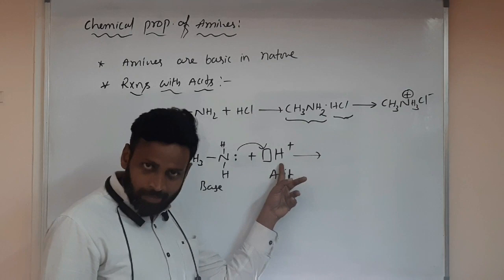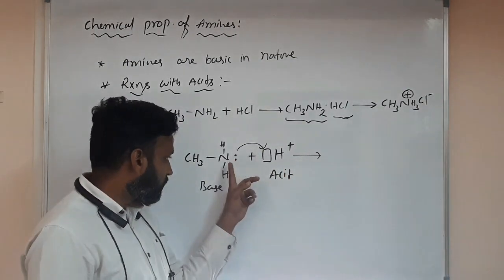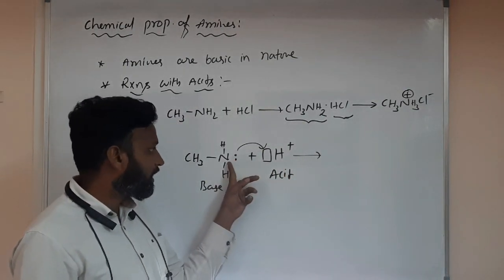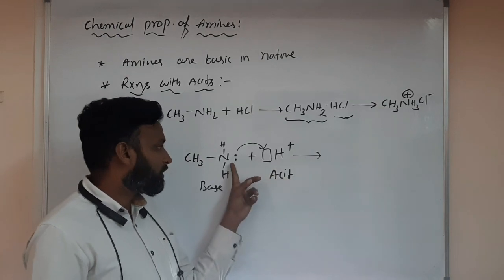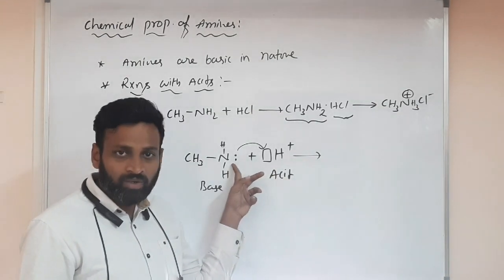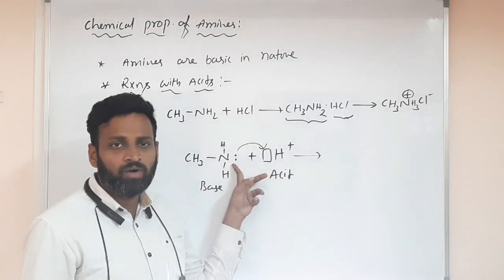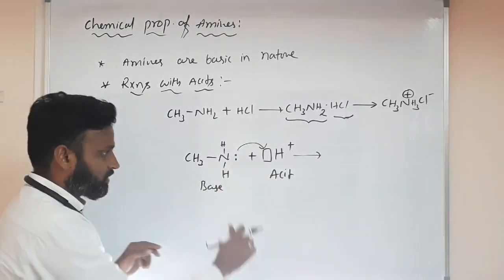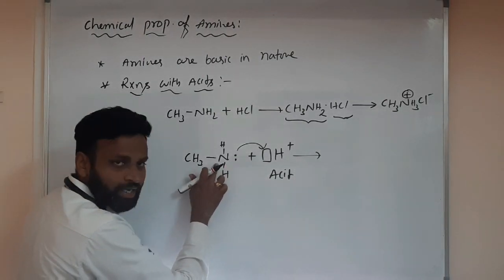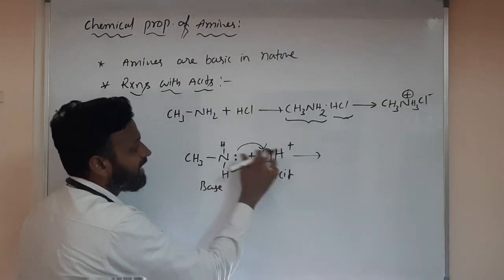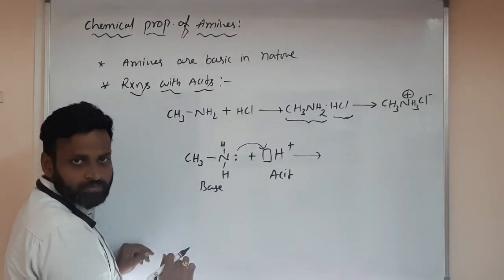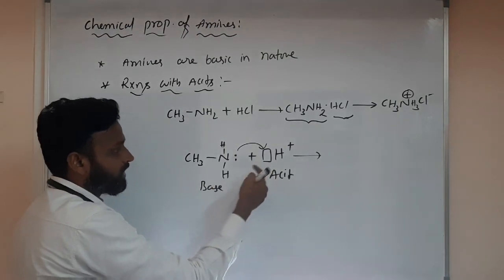Are you thinking complete transfer of the lone pair happens here? No. This lone pair is utilized by both nitrogen and H plus. But this lone pair belongs to whom? Nitrogen. That is called a dative bond or coordinate covalent bond, because the complete lone pair belongs to nitrogen but is shared with hydrogen.